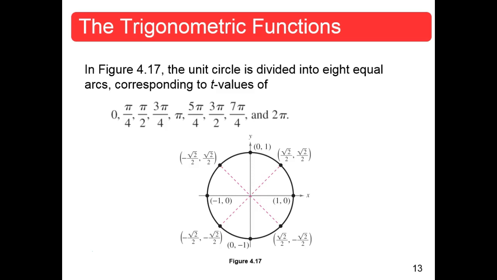Back here, same as 0. Now, the question is, how did they get those xy values? Did they just make them up? They just popped out that way?